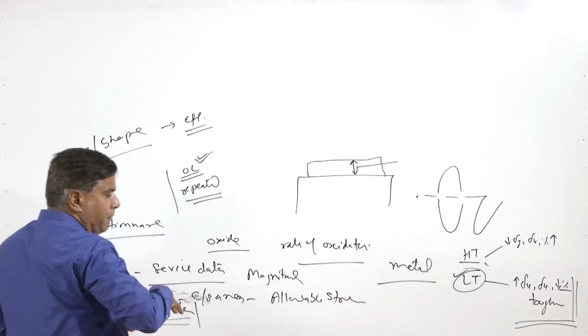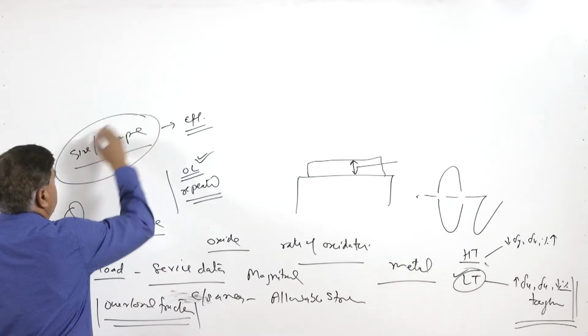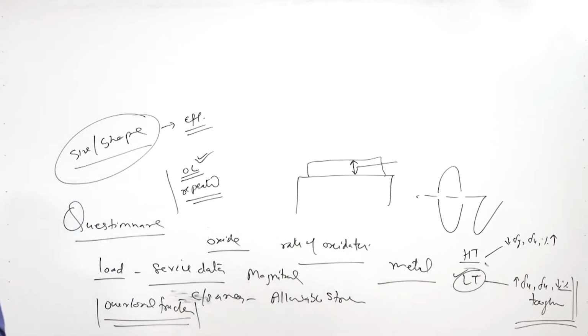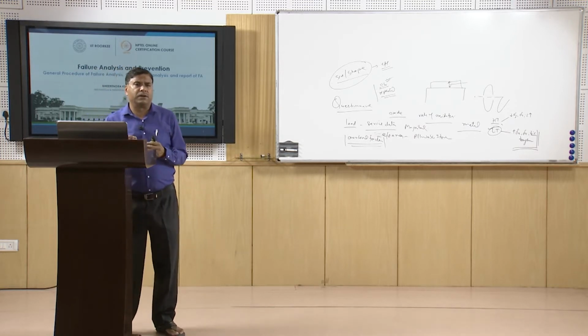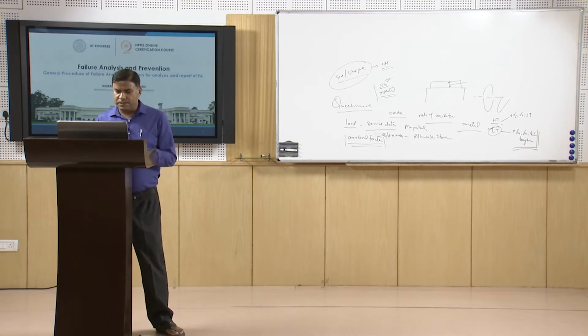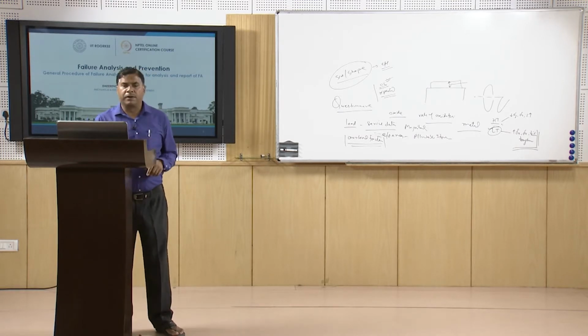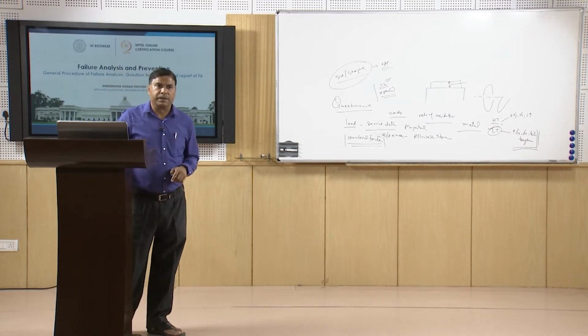So, even a malfunctioning of the component can also start. So, due to the wear, there can be change in size and shape of the component, which can increase the tendency of getting inappropriate results or reduce the performance. So, that can be considered as a failure. So, the role of the wear is to be identified in the failure of the component.